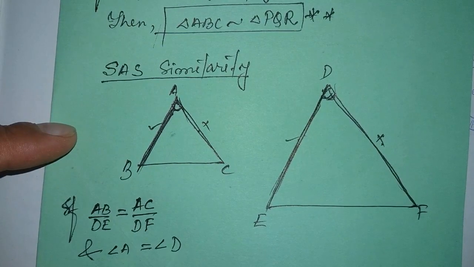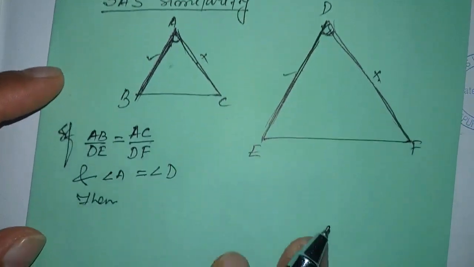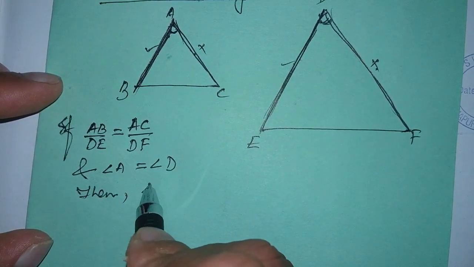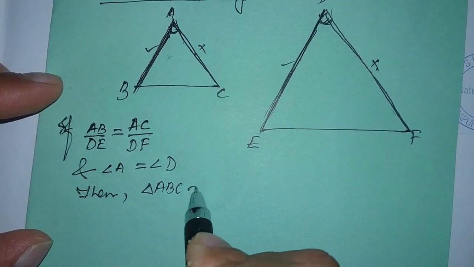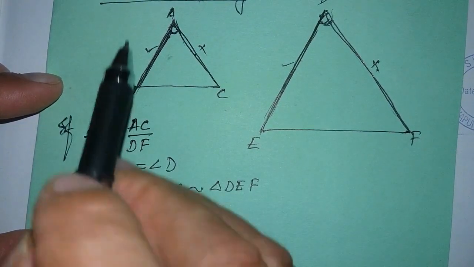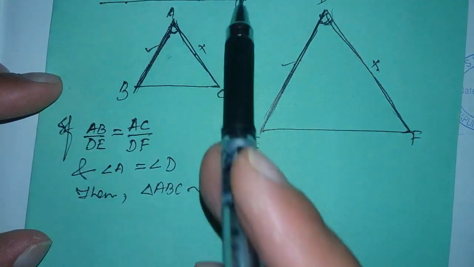Triangle ABC is similar to triangle DEF. This is called side-angle-side similarity, SAS similarity.